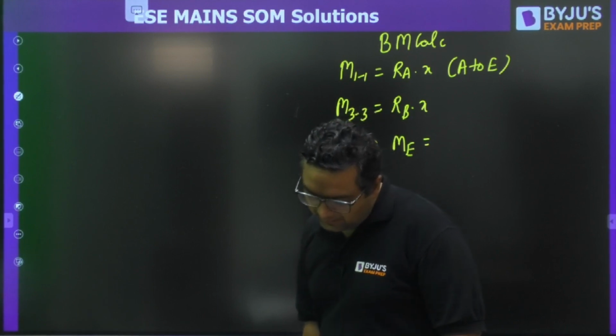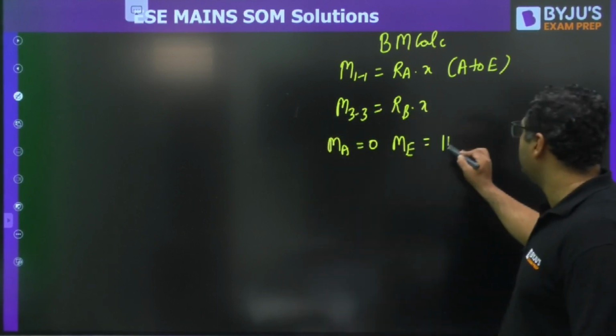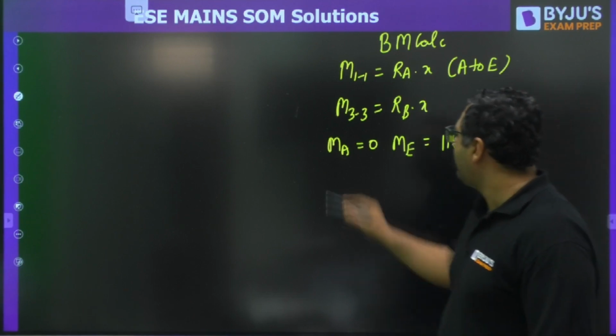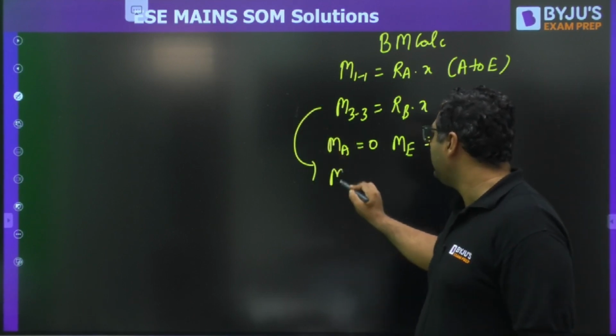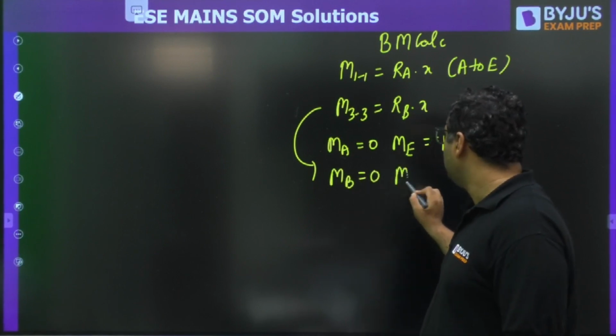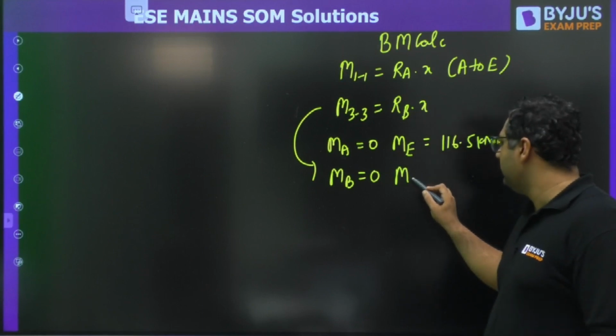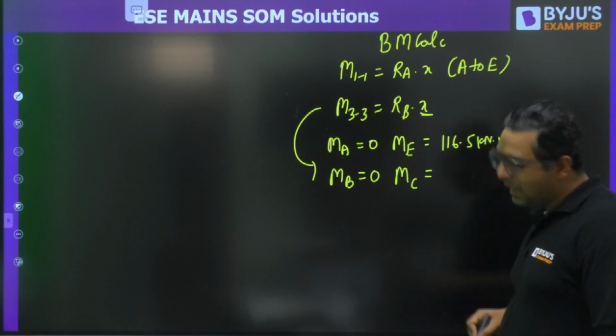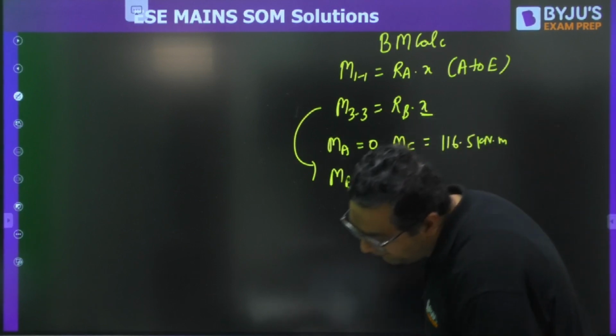What is that value? That is 116.5. Then, my dear, for M33, you can write MB is 0 because X is 0. MC will be RB into 8. That will be 91.5.